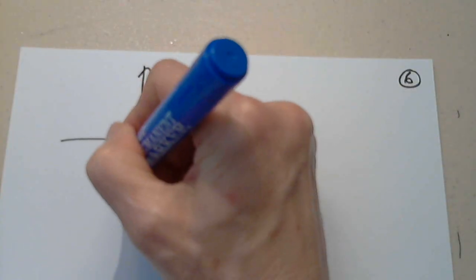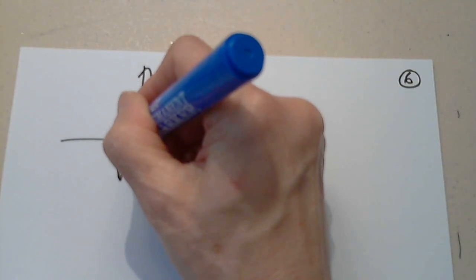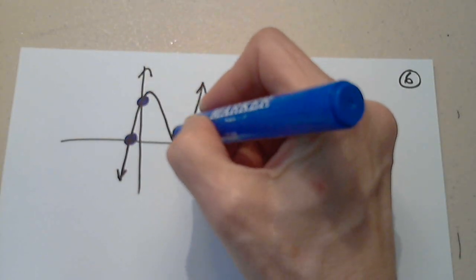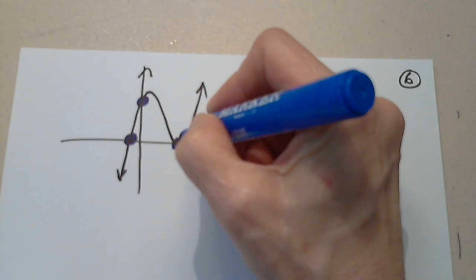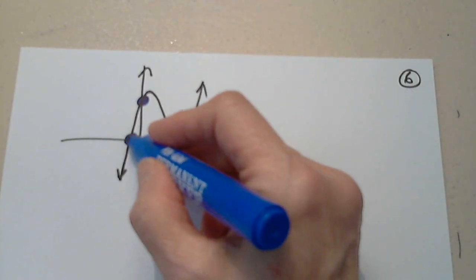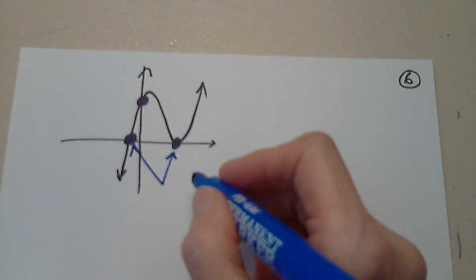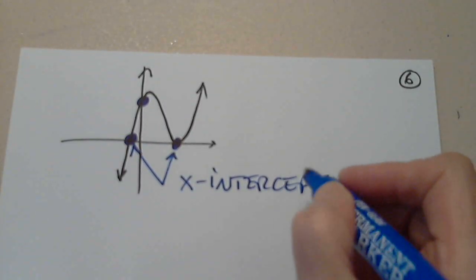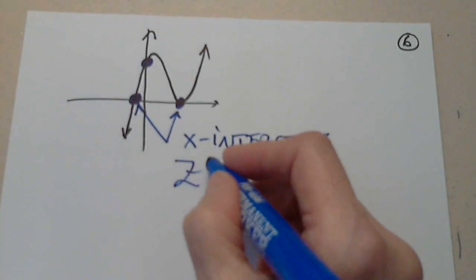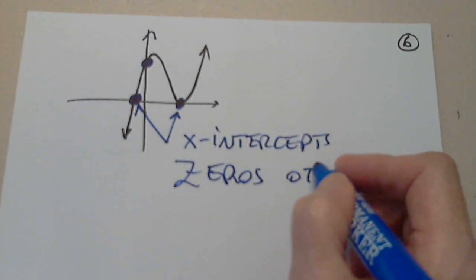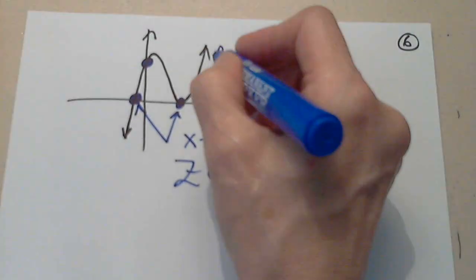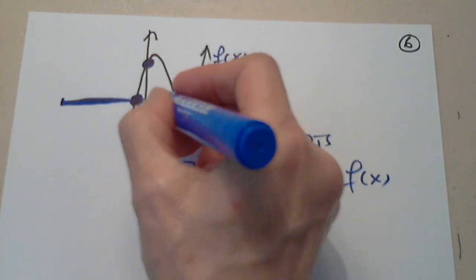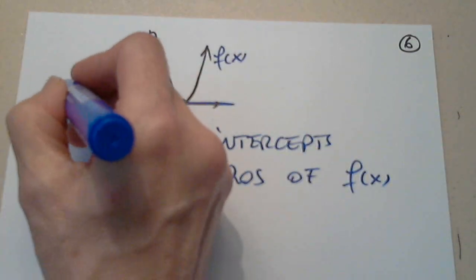Notice that the function comes from below, crosses the x-axis, crosses the y-axis, goes to a maximum, comes down, touches the x-axis, and goes up. These 2 points are called x-intercepts, also called the zeros of f of x, assuming that this is called f of x. Why the zeros? Because they intersect the line y equals 0.